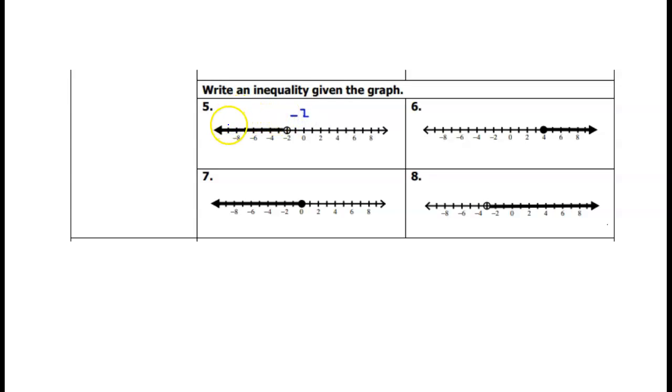And he knows that the shaded part is all of the X values. My question is, how did you know that it was a greater than sign? Exactly. And how do you know that it's not like greater than or equal to?